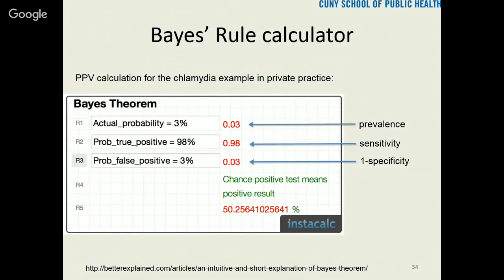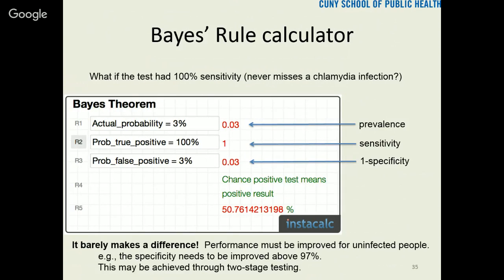Then we go and apply that to a lower prevalence population, and see the PPV go way down. And even if we increase the sensitivity to 100%, it has hardly any effect on the PPV, because it's still not performing any better on that majority of negatives.